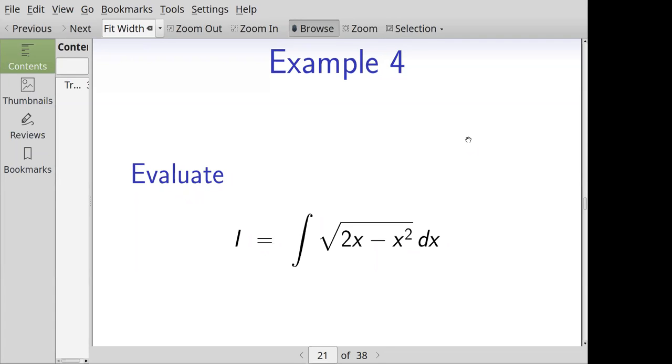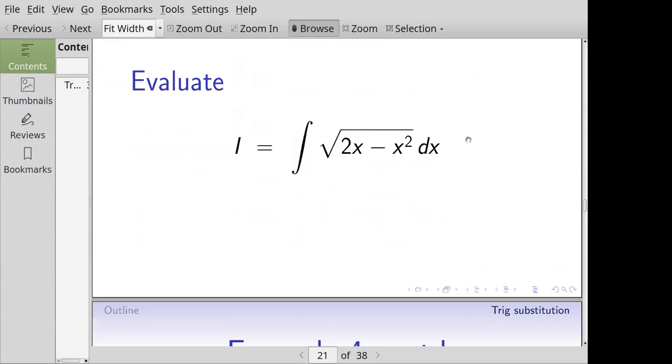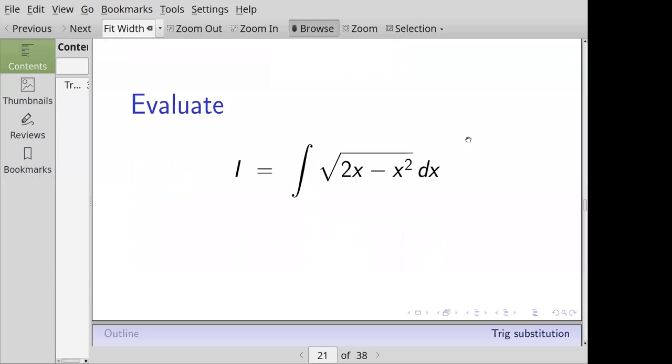What I might do instead is, if you've got a quadratic under a root, try completing the square. If you look at 2x minus x squared, we can write it in an equivalent form, which might be more convenient for us, by completing the square.